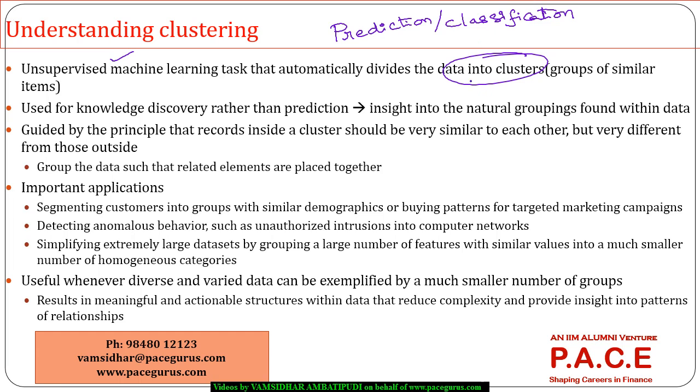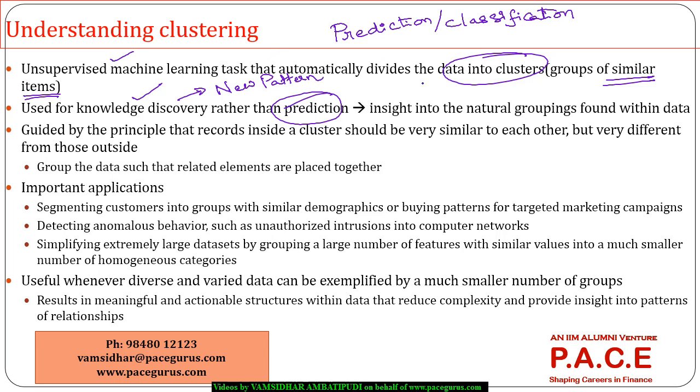The whole data that is supplied, based on the various features associated with the data, we are grouping into different clusters. So there is no prediction aspect here in the process. It is primarily used for knowledge discovery. I am trying to come out with some kind of a new pattern in the data.